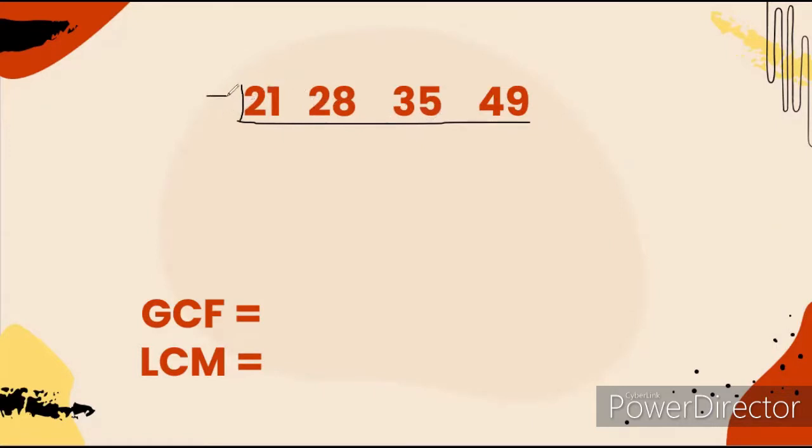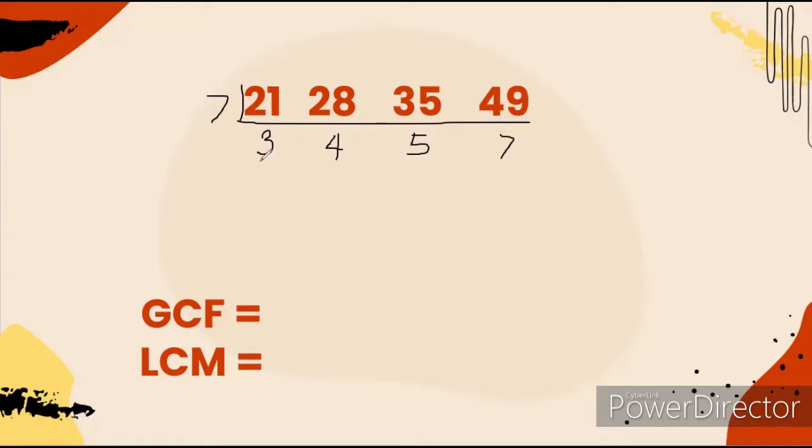So we can use 7. 21 divided by 7 is 3. 28 divided by 7, it's 4. 35 divided by 7, it's 5. And 49 divided by 7 is 7.